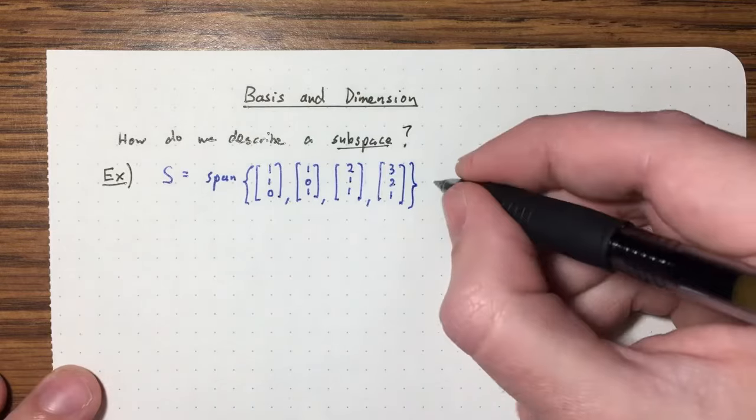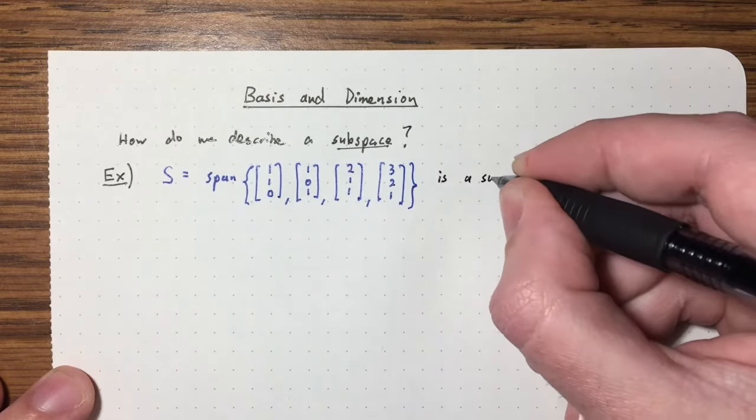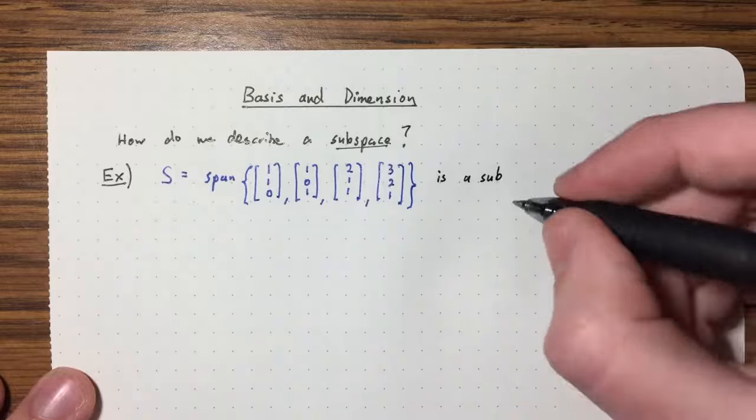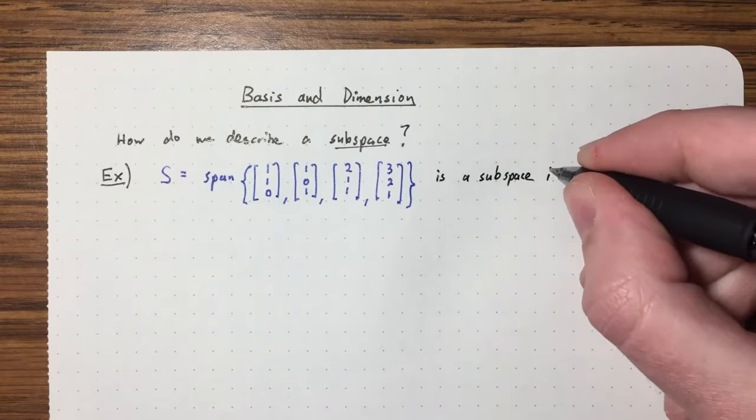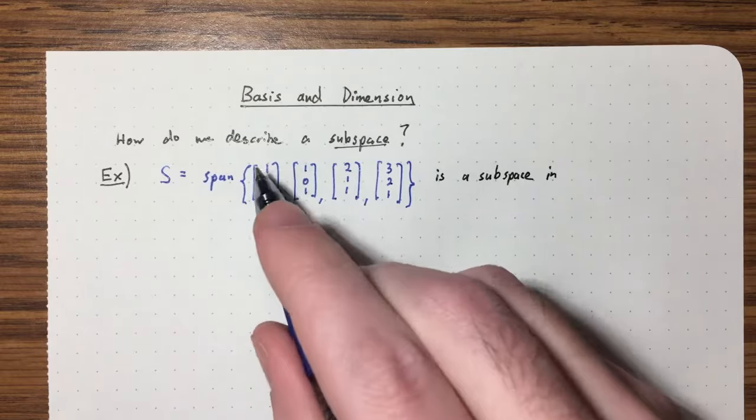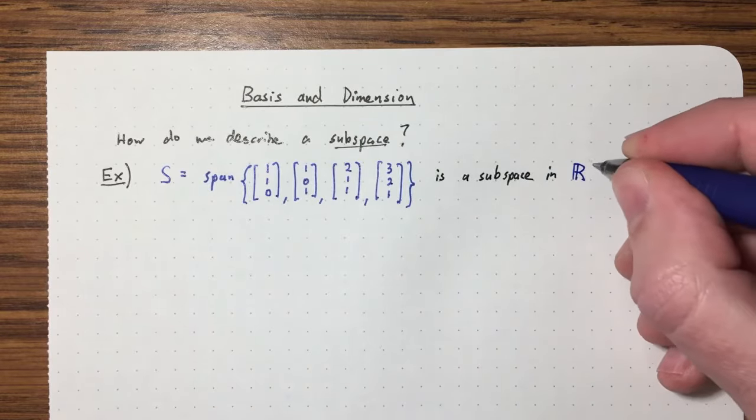Okay, so this is a subspace. It's a subspace because the span of any set of vectors is a subspace. It's a subspace in what dimensional space? Well, our vectors have three components, so it's a subspace in R3.